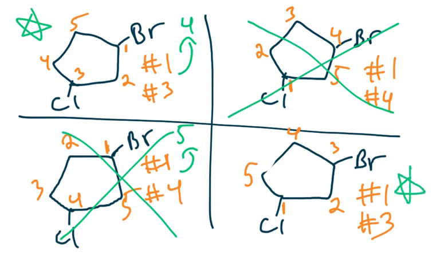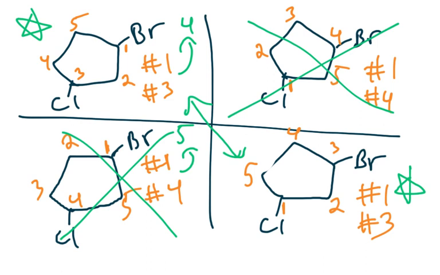Now we're comparing the winners. We're comparing these two, okay? Because for these two, we have a substituent on 1 and a substituent on 3, both the least numbers, compared to 1 and 4 here and here. So what do we choose now? Now we choose the least carbon number to be on the alphabetical winner.